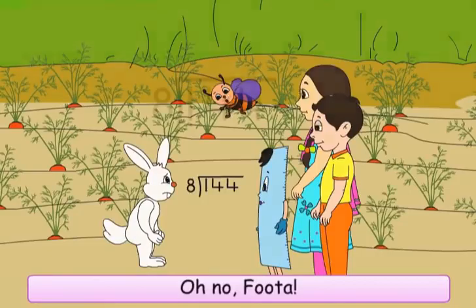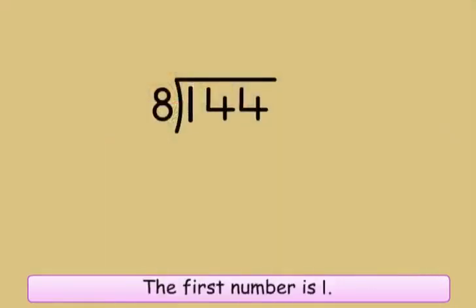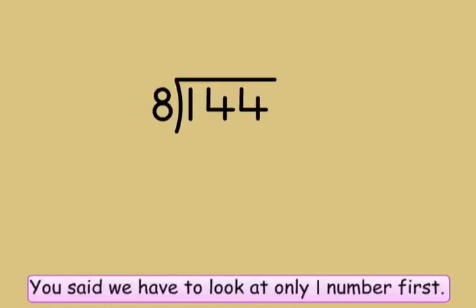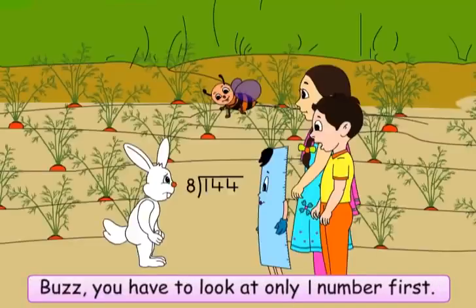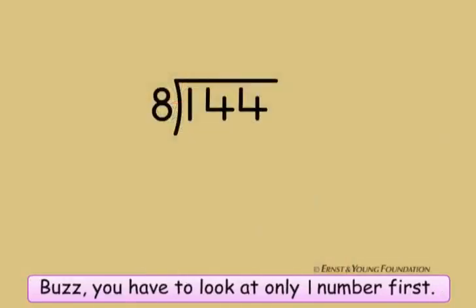Oh no, Futta! The first number is 1. We cannot divide 1 by 8. Chinu, how do we do this? You said we have to look at only one number first. Buzz, you have to look at only one number first.